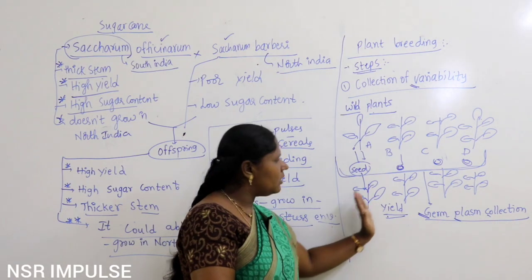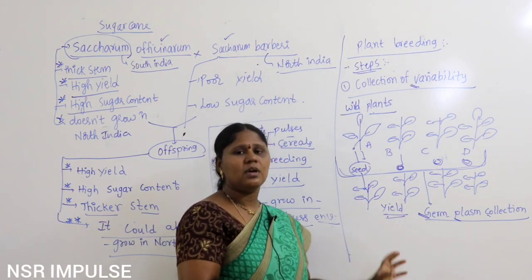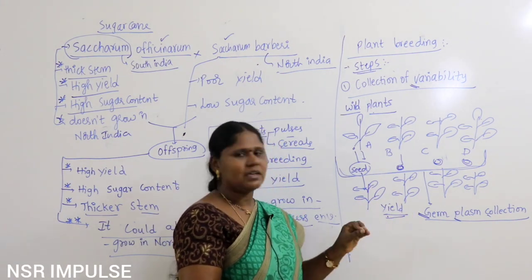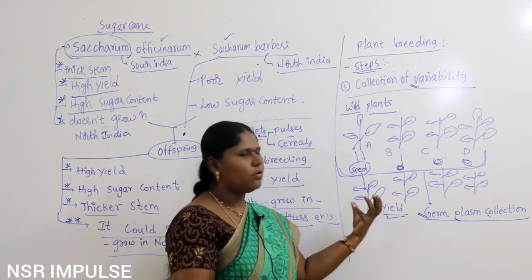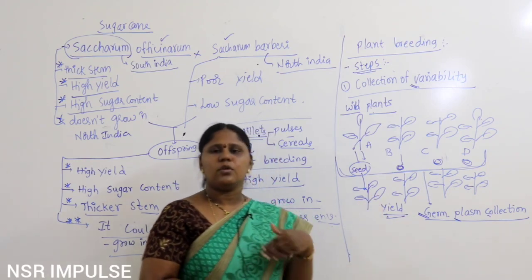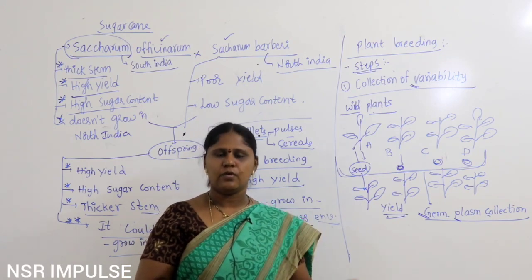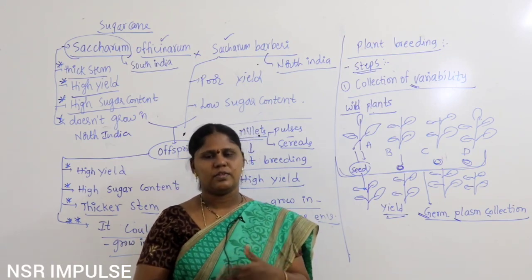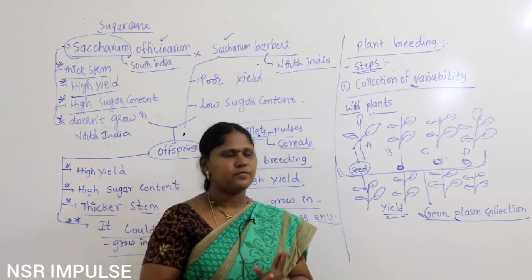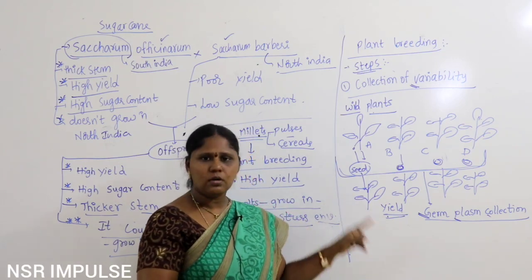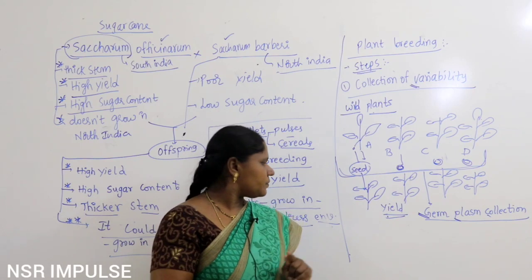Like that, every plant has its own good character. So, collection of all varieties. When I want to produce anything new, first of all I need to have a collection of all different varieties of that particular plant. That is the first one, called collection of variability.